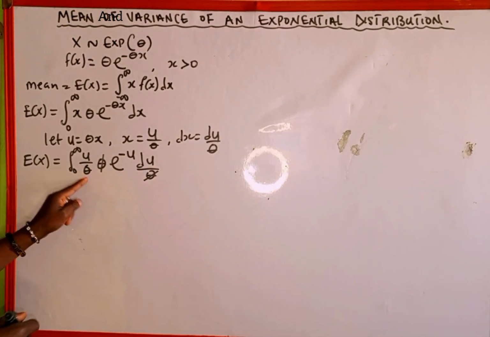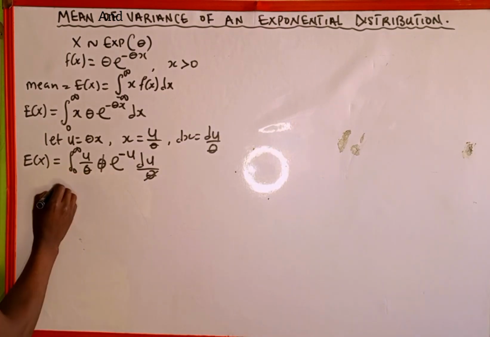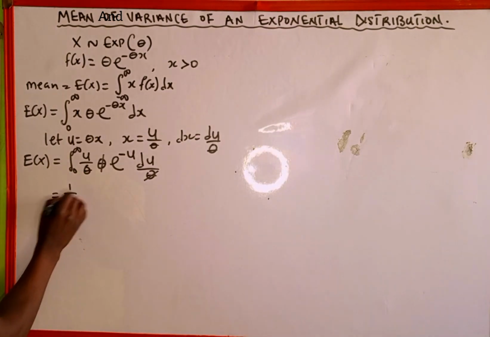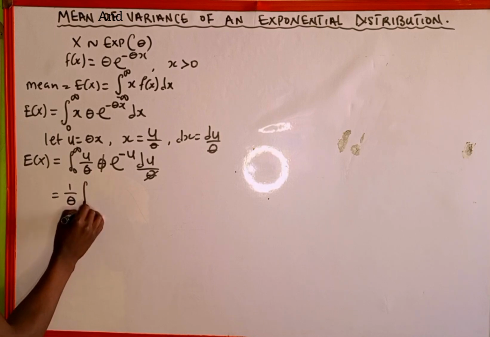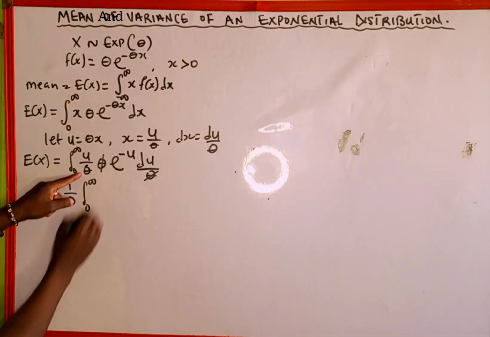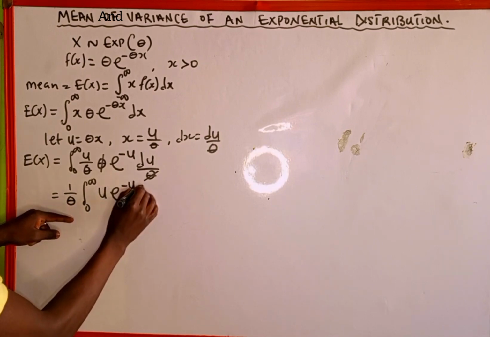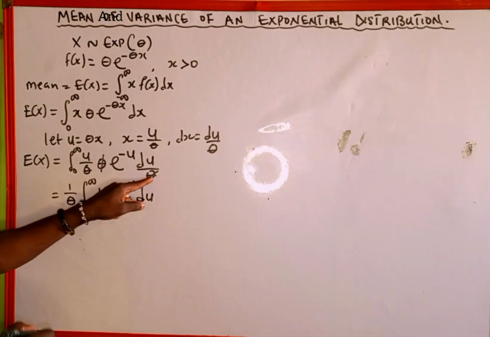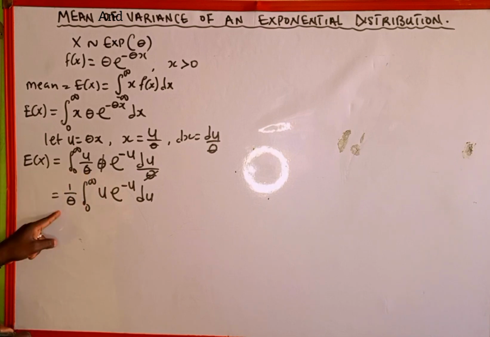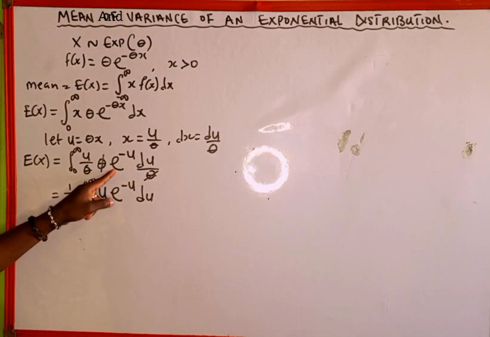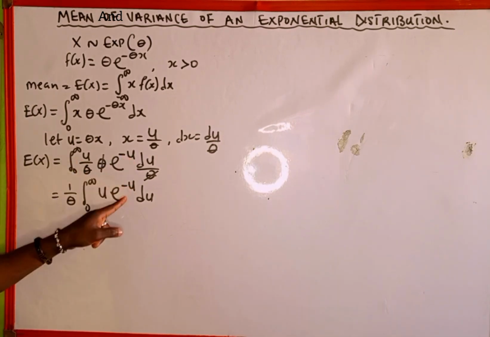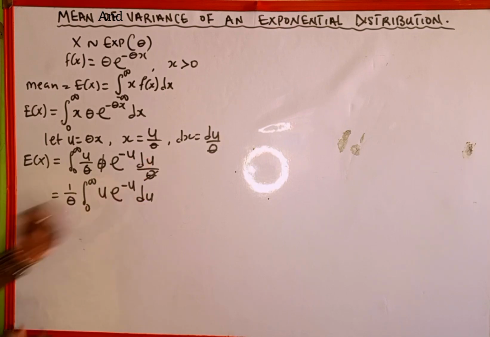Then we take this 1 over theta out, and it will remain only u here, then e to the power minus u, then du.